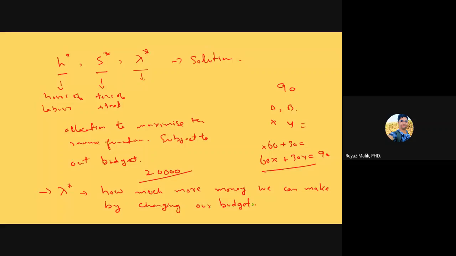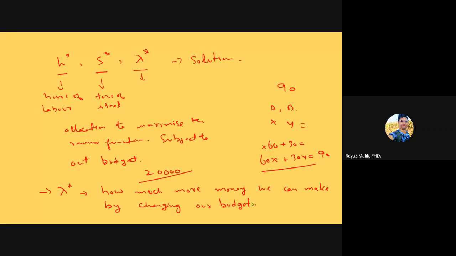Here, with respect to the budget function, it will tell us how much more money we can make by changing our budget. For example, if we change our budget from 20,000 to $30,000, lambda will tell us how much more revenue we can make.